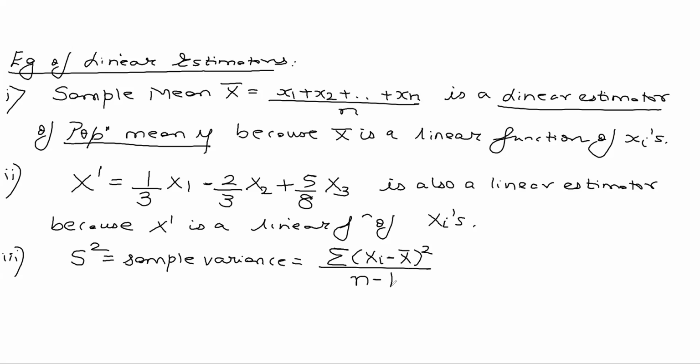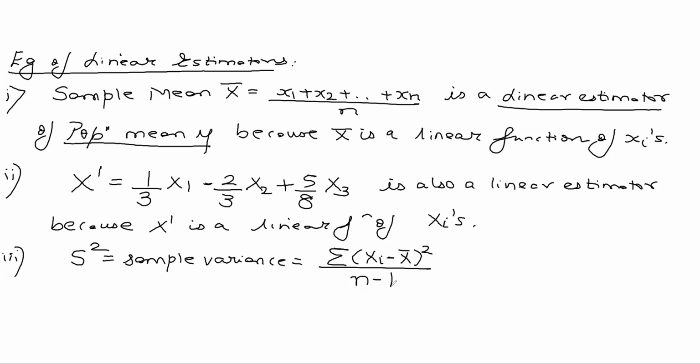Students can refer to the first lecture note of statistical methods for economics, where I had specified the reason as to why we divide by n minus 1 and not n.